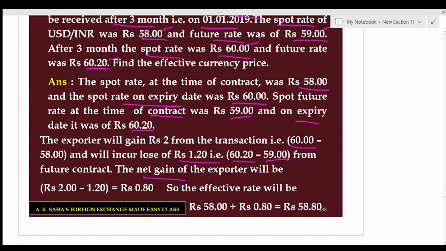The net gain of the exporter will be rupees 2, the gain from the spot rate, less rupees 1.20, the loss in the future contract, equal to rupees 0.80. So the effective rate will be 58 plus 0.80, equal to 58.80. If it is reversed, that is rupees 2 is a loss and rupees 1.20 is a gain, then the effective rate will be rupees 58 minus 0.80.